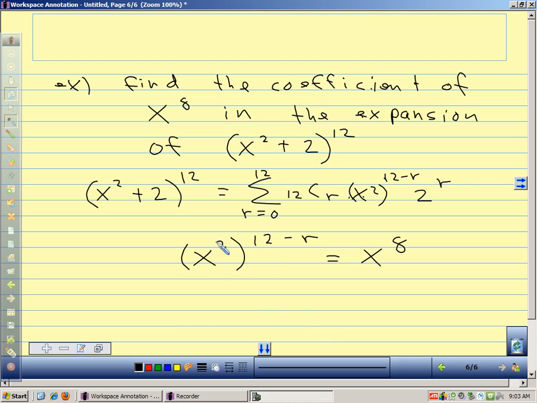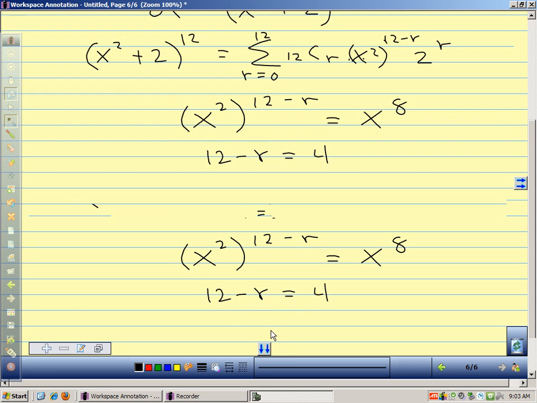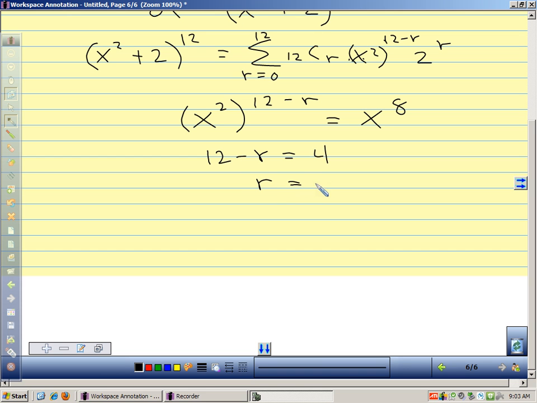So because we're looking for the coefficient on x to the 8th, and this is my formula for the binomial expansion, x squared to the 12 minus r has to equal x to the 8th. So 12 minus r has to equal what in order to give me x to the 8th? If I raise an exponent to a power, 12 minus r has to equal 4. So what does r have to equal? 8.